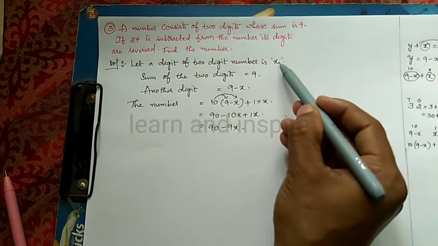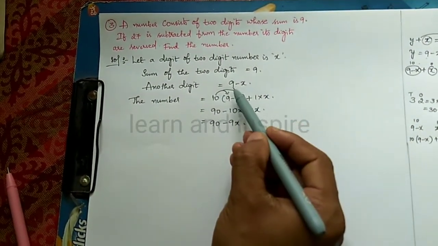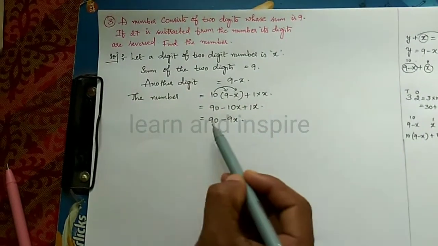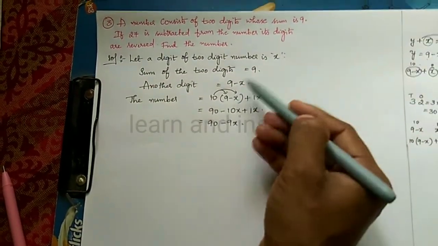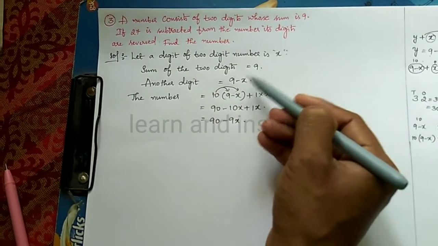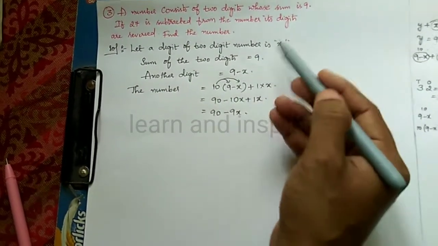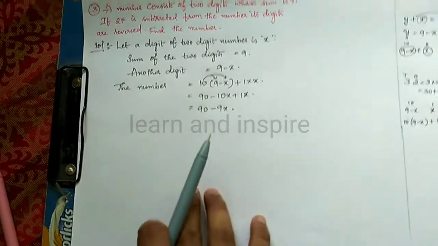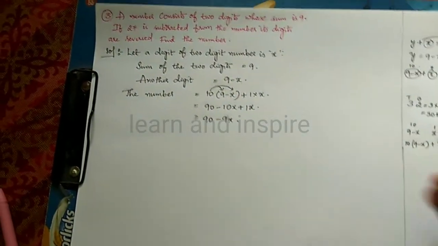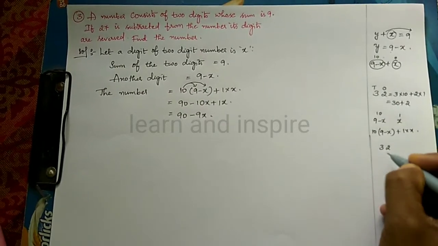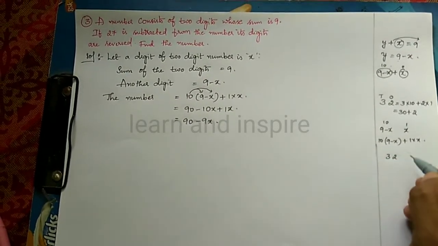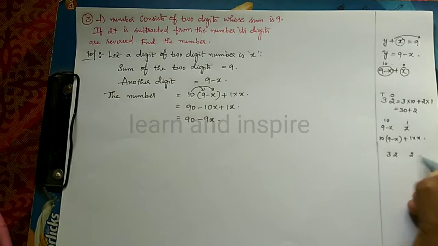If one of the digits is x and the other digit is 9 minus x, then the number is 90 minus 9x. Now if the digits are reversed, so these are the digits x and 9 minus x. What is the number if the digits are reversed? Suppose 32 is the number, as we have taken in our example, and if I reverse this number, it becomes 23.